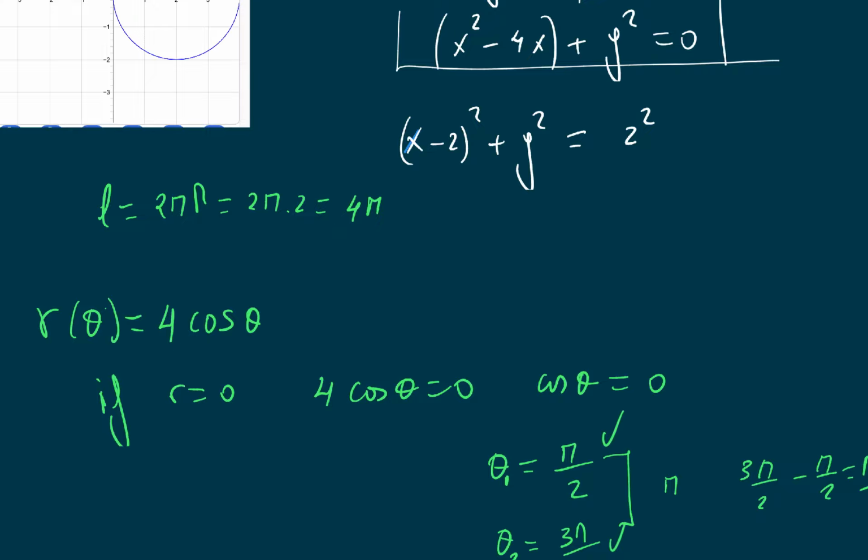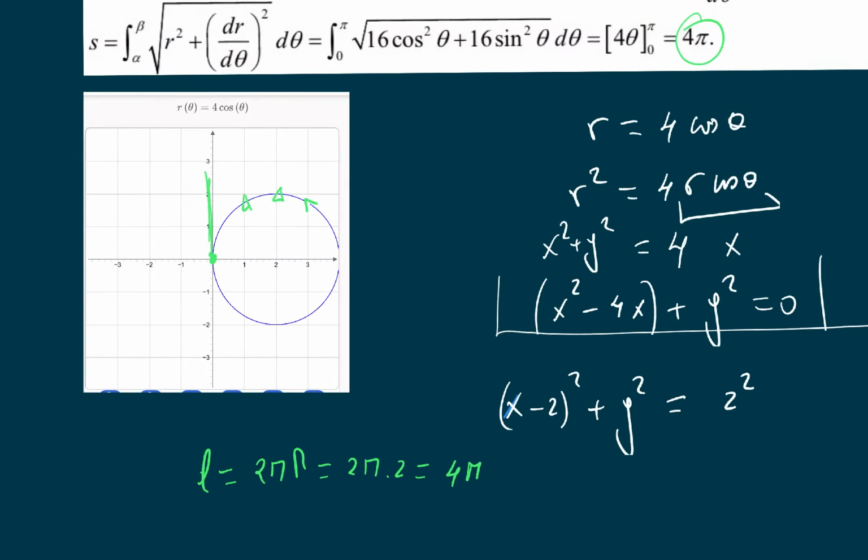So theta varies from 0 to pi, or if you prefer, varies from pi divided by 2 to 3 pi divided by 2. If you start here at the 0, you start with the angle plus pi divided by 2. So you go down, down, down with the angle. Initially it was here, pi divided by 2.